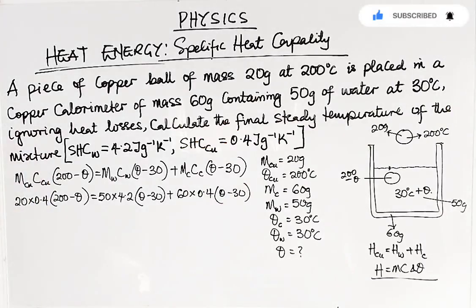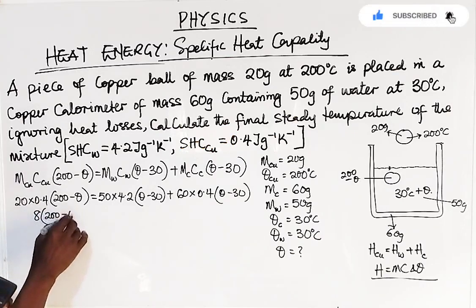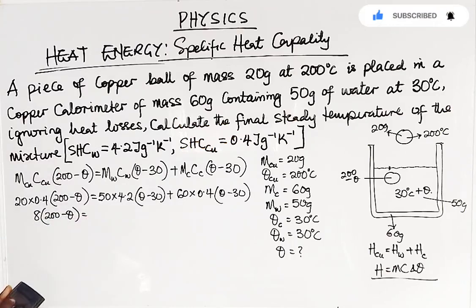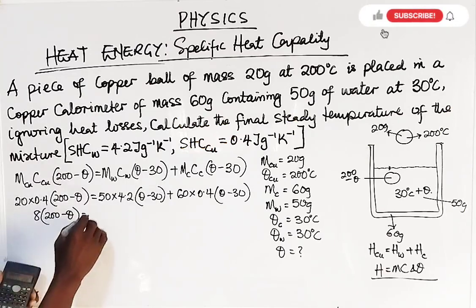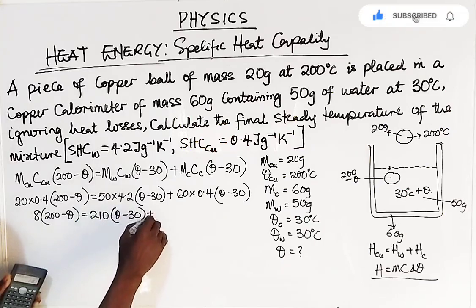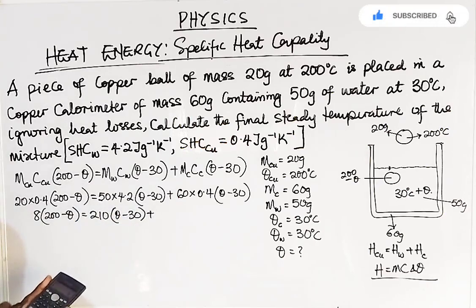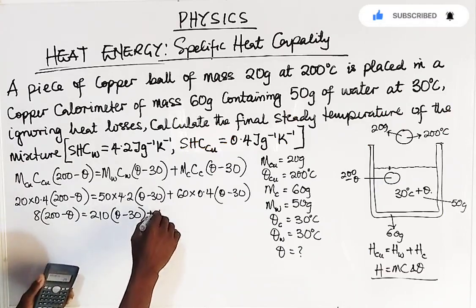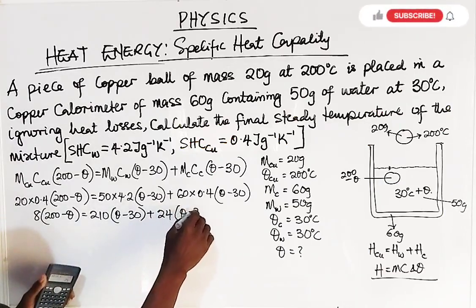Now you can resolve. 20 times 0.4 gives us 8 times 200 minus theta, equals 50 times 4.2, which is 210, times theta minus 30, plus 60 times 0.4, that will be 24, times theta minus 30.